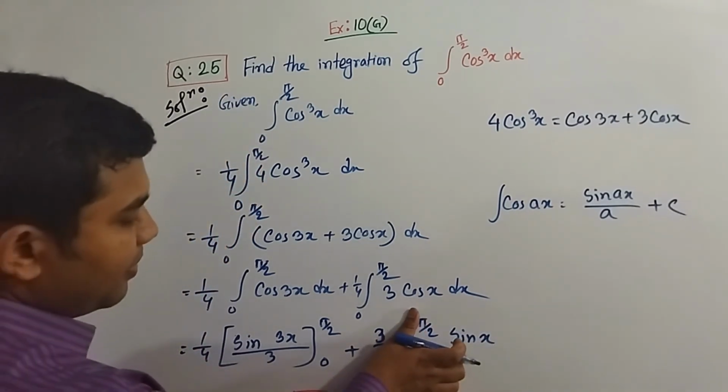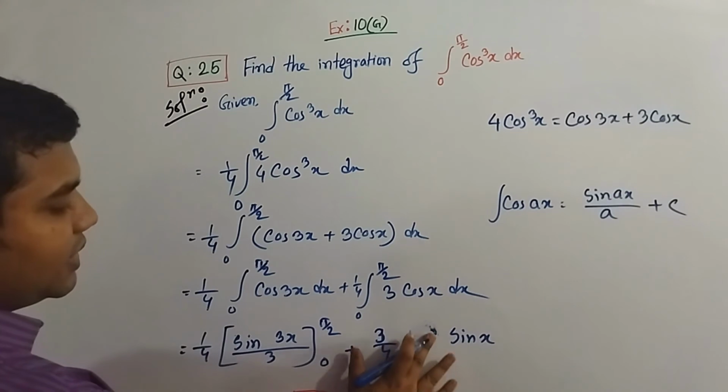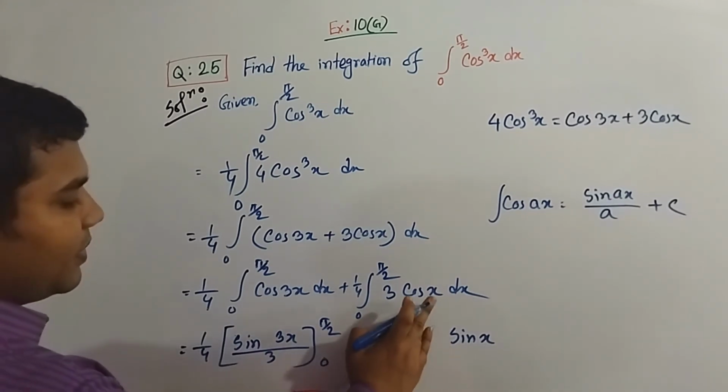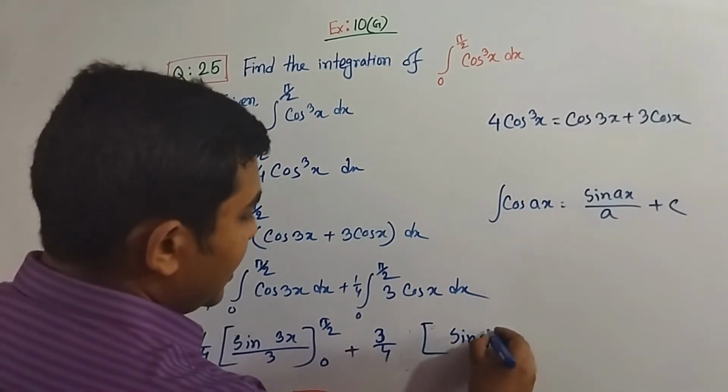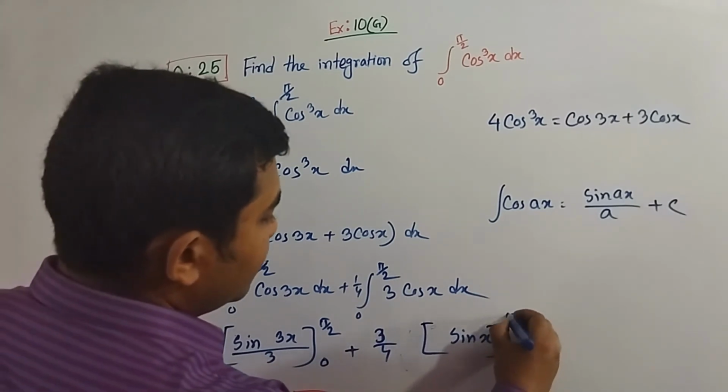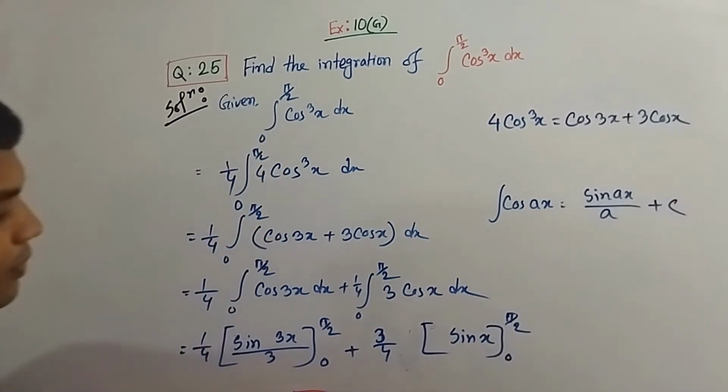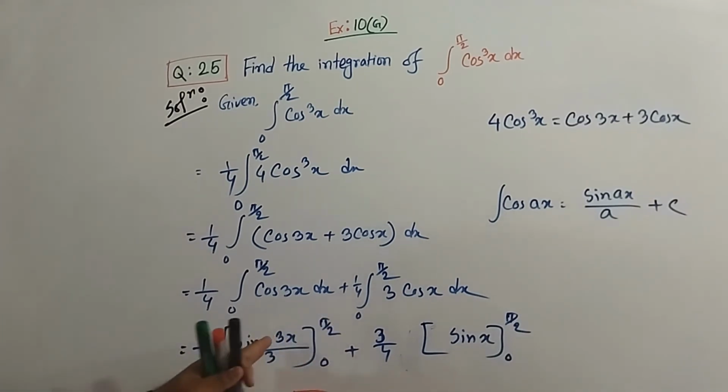Since we have already integrated, no need to write the integration part, just write the third bracket and put in the limiting values. Okay, now just putting the limiting values in here.